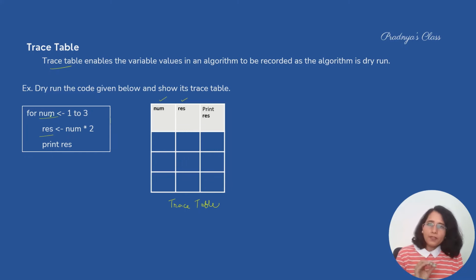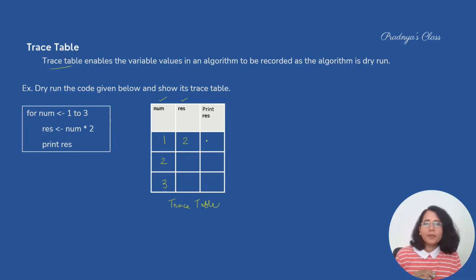The value of the num variable starts with 1 and goes till 3. So the value of num will be 1, 2 and 3. When the value of num is 1, let's come inside the loop. What we are calculating here is multiplying the variable num with 2, or we can say we are making it double. Initially the value of num is 1, and 1 into 2 will be 2.